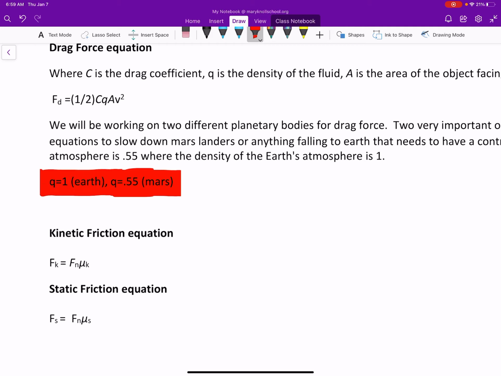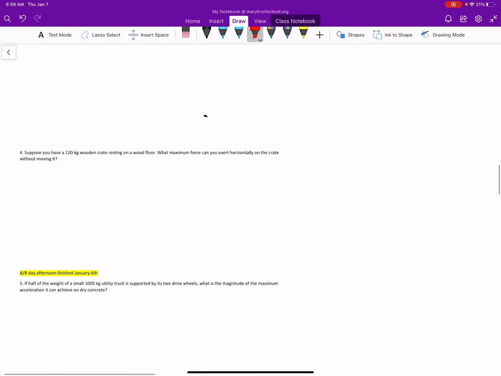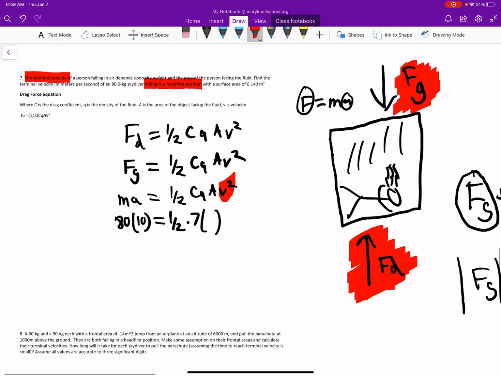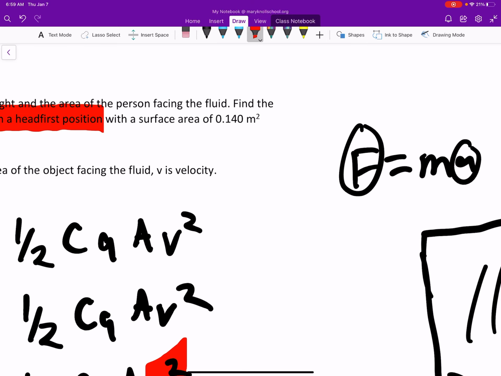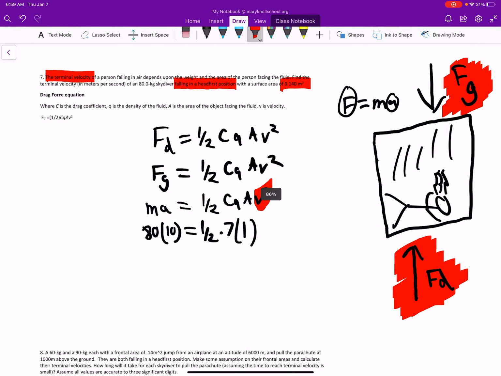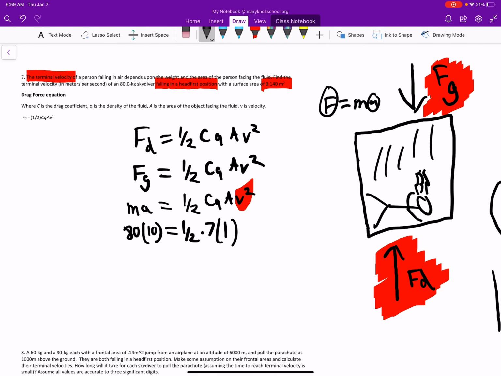And we can assume we're on Earth, so we're just going to use 1. Now we're looking at A, the area, and it says right here, it's 0.14.